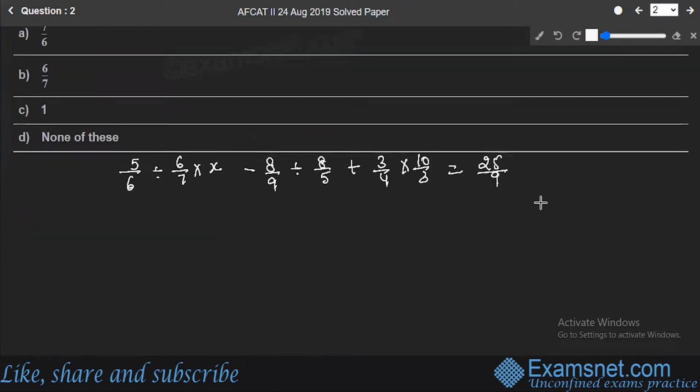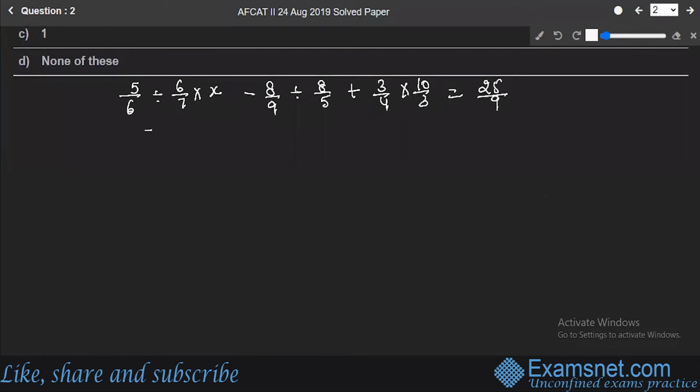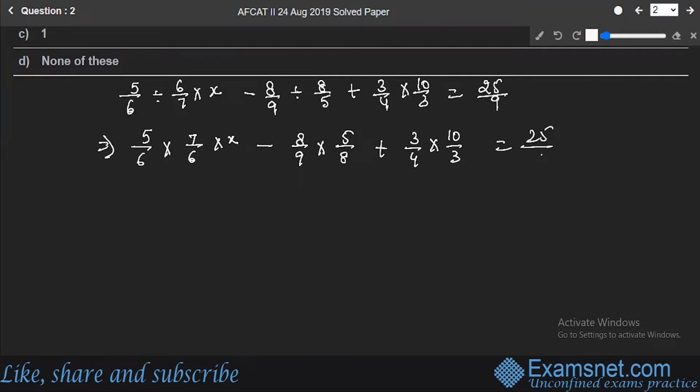So now let's solve the question. 5 by 6 multiplied by 7 upon 6 multiplied by x minus 8 upon 9 into 5 upon 8 plus 3 upon 4 into 10 upon 3 is equal to 25 upon 9. There will be no cancellation over here, so you will have 35 upon 36x.